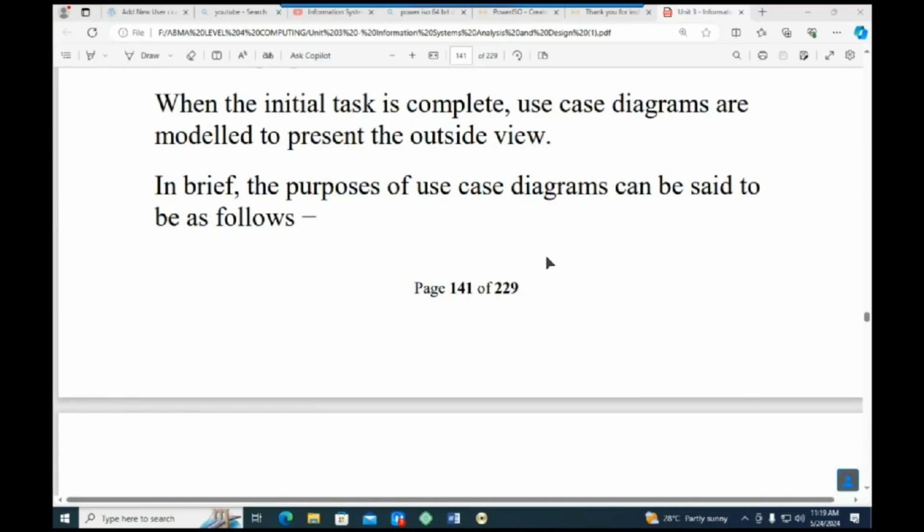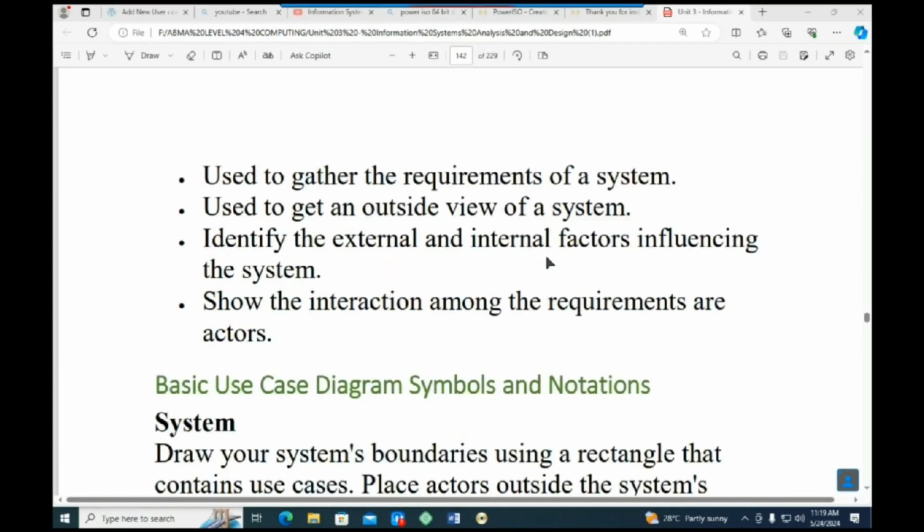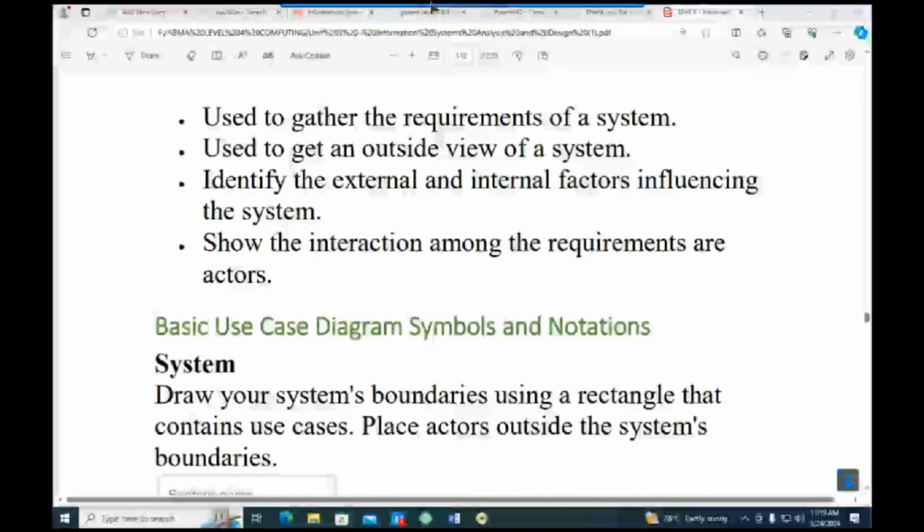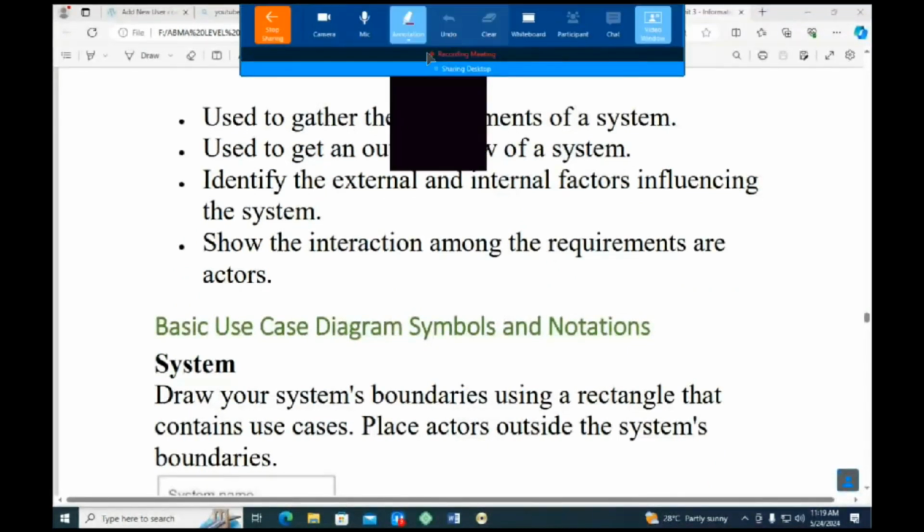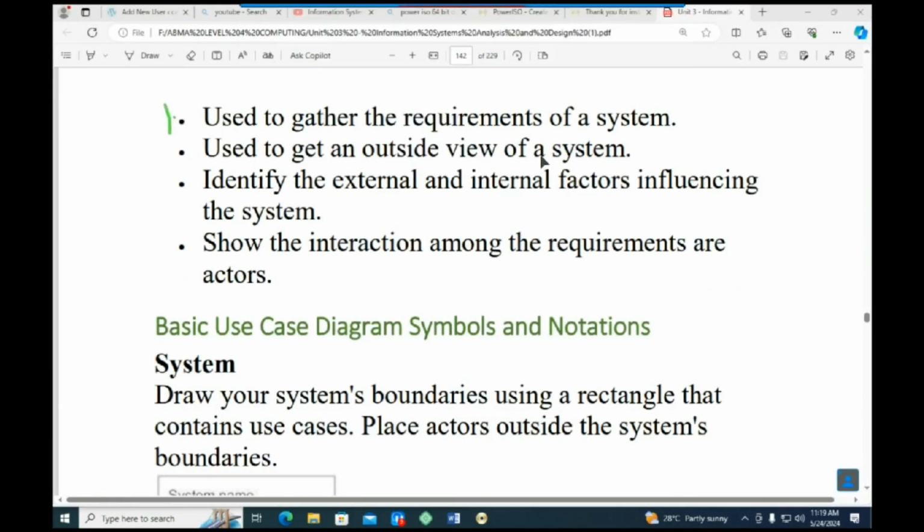In brief, I have simplified all that long story that I was telling you into four points. And these 4 points are the purpose of use case diagrams.